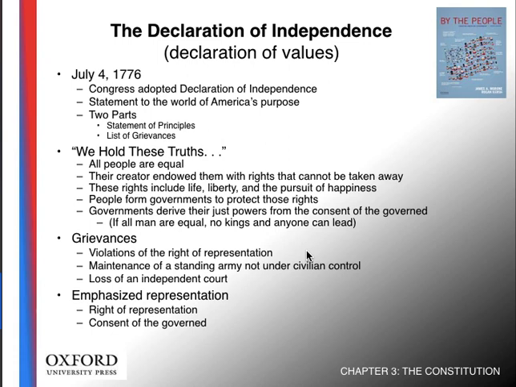It had two parts. The first was a statement of principles, and the second part was their list of complaints of the British Crown. This famously opens with, we hold these truths to be self-evident. They listed that people are equal, that they have certain rights that can't be taken away from them. Among these are life, liberty, and the pursuit of happiness, and that people form governments to protect those rights.